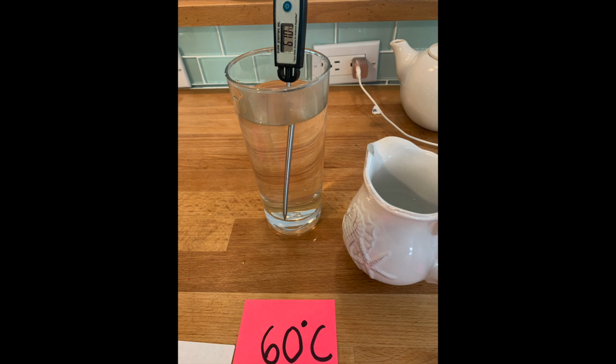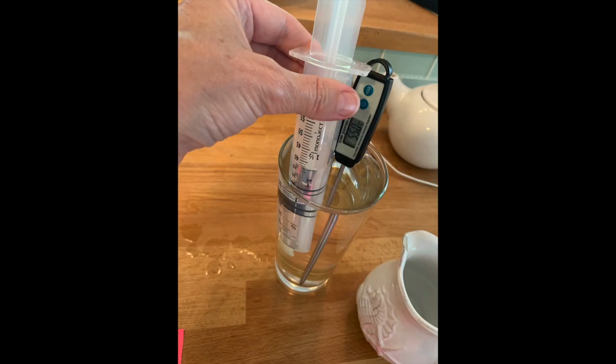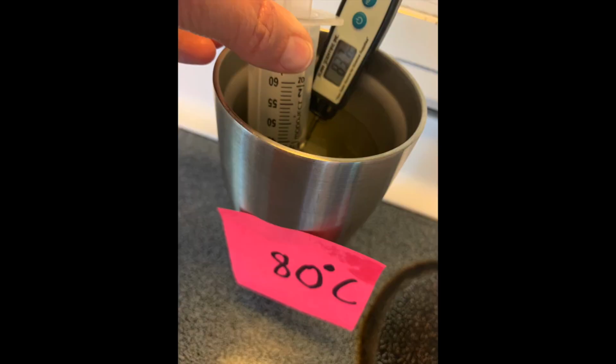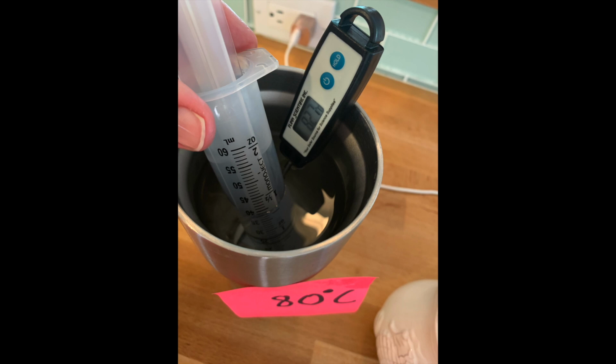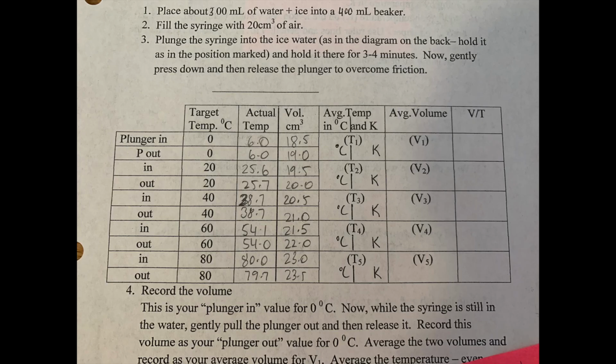Here's 60, and more with 60, and then 80. And that's why you have your target temperature, but then you have your actual temperature, and you can see those recorded in my data table. Go ahead and copy these into your data table. Pause the video, take the time, and copy these values down.